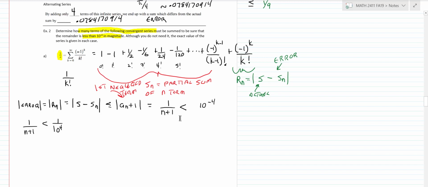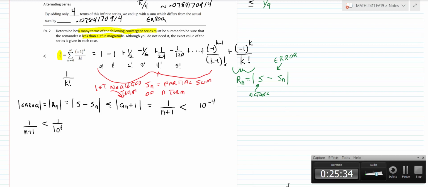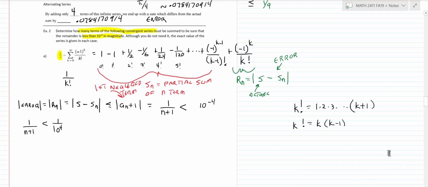That's the idea: your neglected term, and we're doing the absolute value of that. The numerator is 1, and I also want to show you this, where that n plus 1 is coming from.